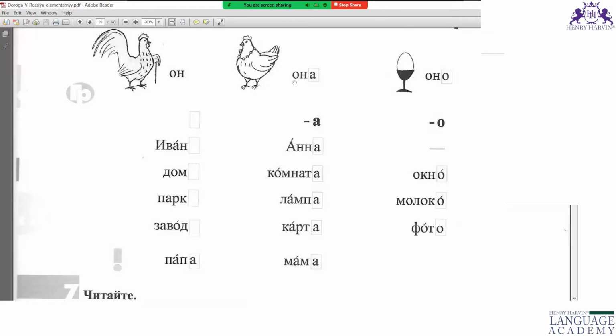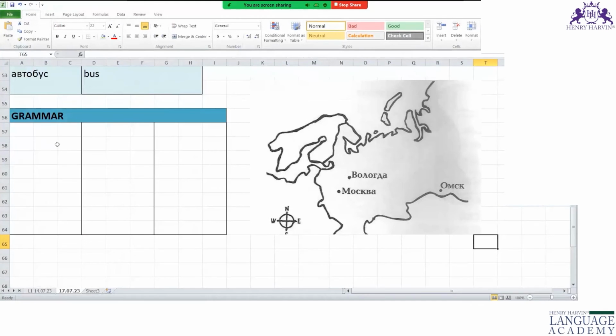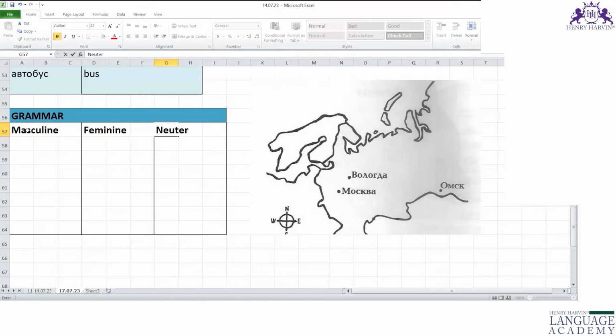So он, она, оно: he, she, it. Okay, like rooster, hen, and egg, right? He, she, it. You can also draw 3 columns and write down masculine, feminine, neuter. Now we can write он, она, оно, he, she, it.